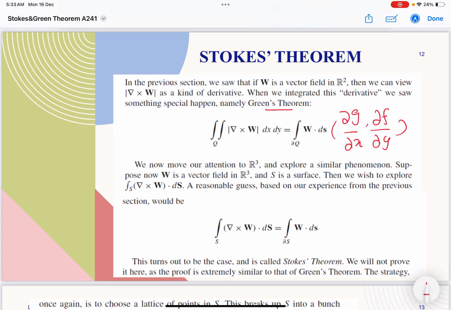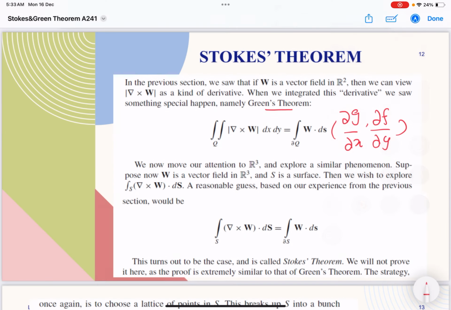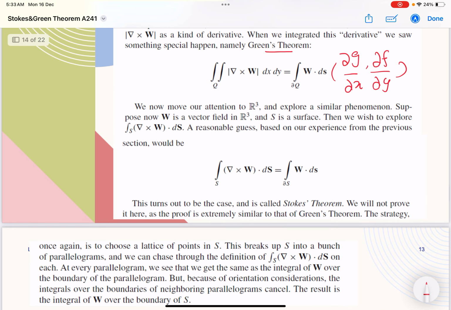Okay, Stokes theorem. As I said previously in our last lecture on Green theorem, Stokes theorem basically does an integral trick to make your life easier to calculate in three-dimensional settings.